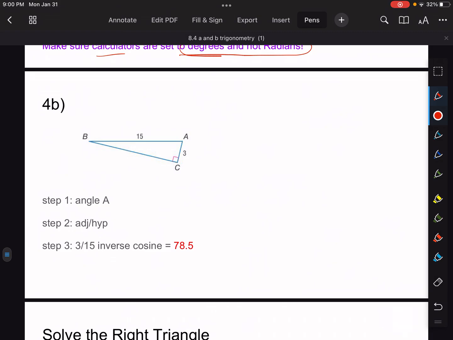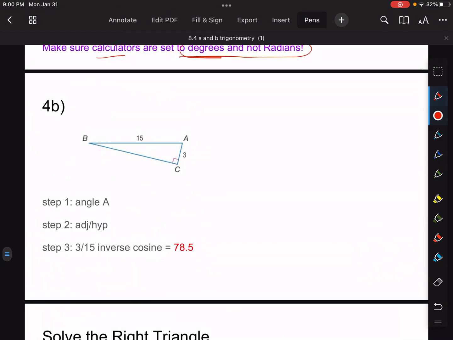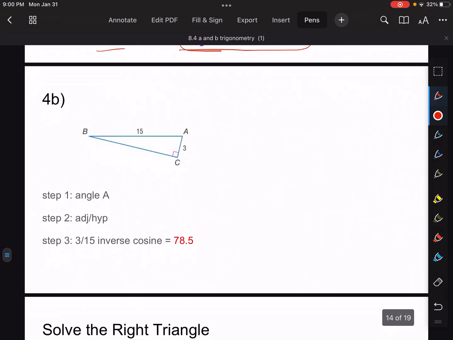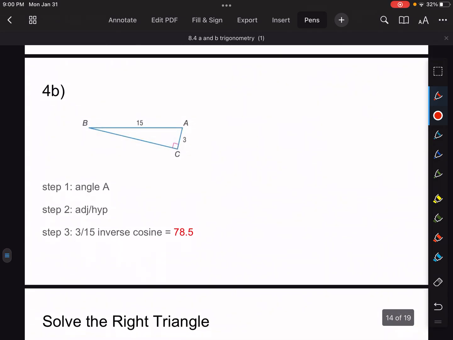So 4b is, I think we're looking for, I don't know what we're exactly looking for here. They might want us to find all pieces of this, so let's try to figure this out. So here, looks like we're doing A here. From A's perspective, I know my adjacent, which is 3, and I know my hypotenuse, which is 15, so that's a cosine.